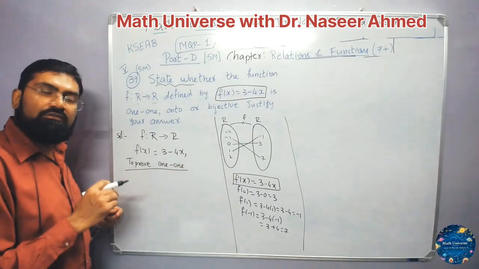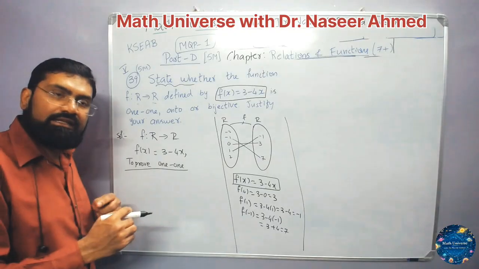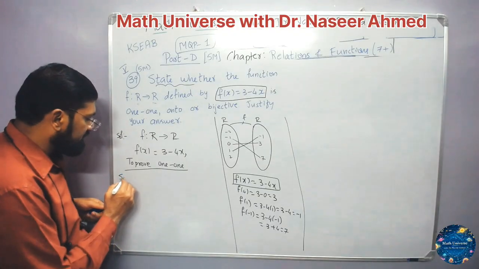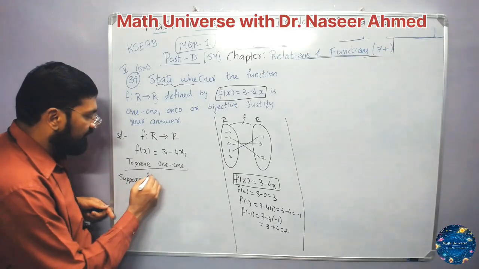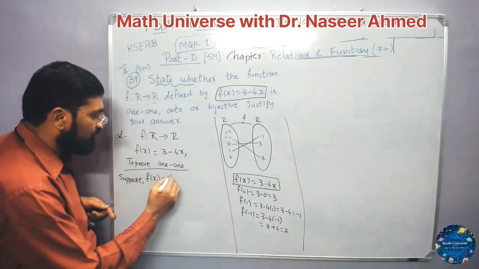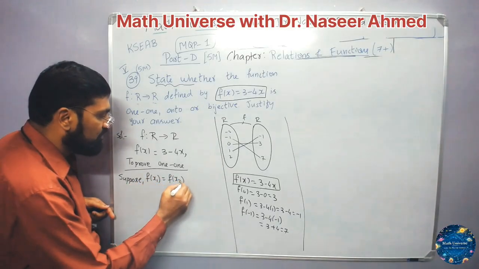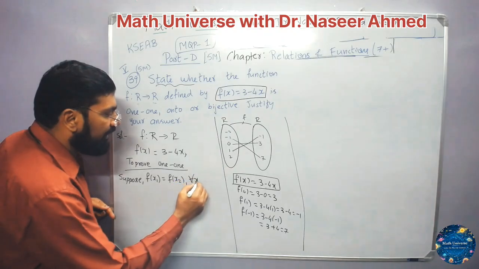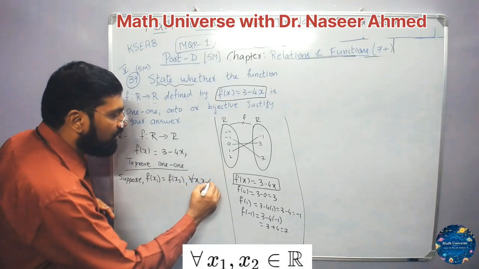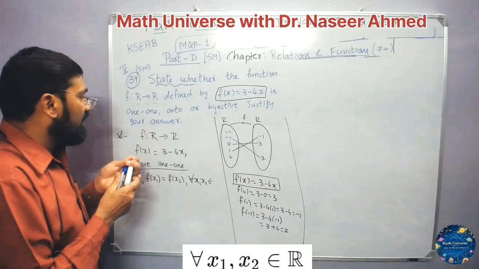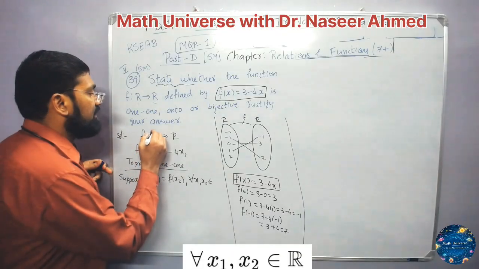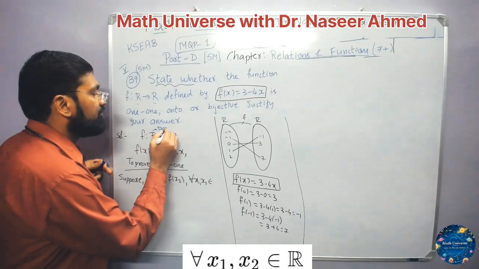Now for 1, 1, we have to assume images are equal. Suppose f of x1 is equal to f of x2, and this is true for all x1, x2 belonging to the domain. Here, which is the domain? Domain is the real numbers.